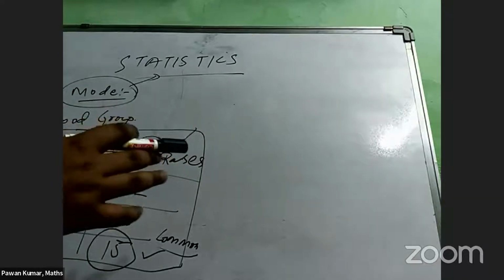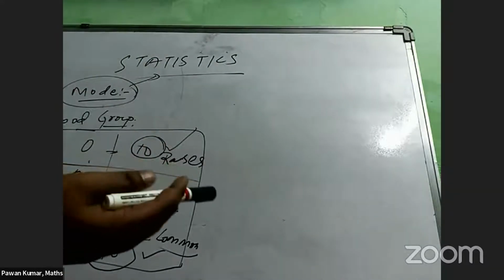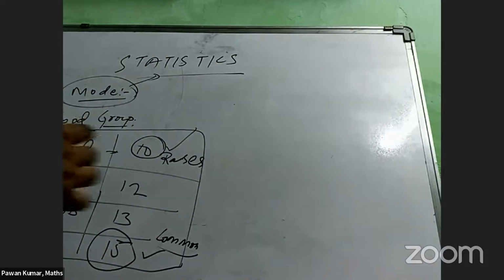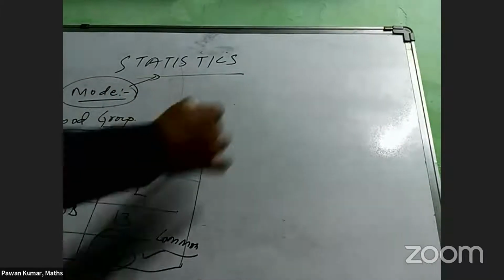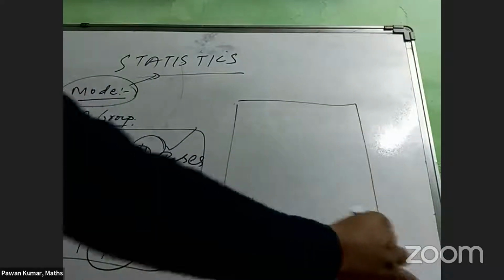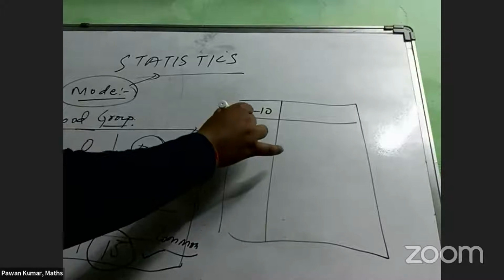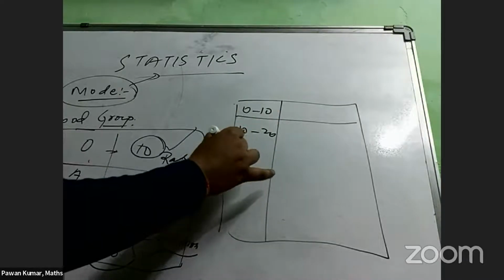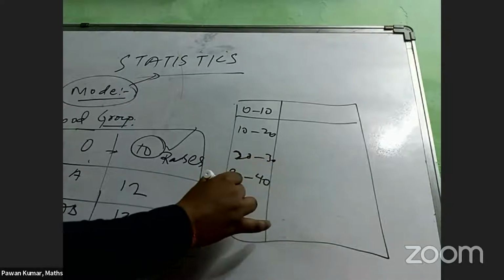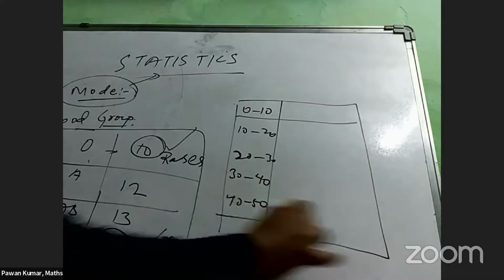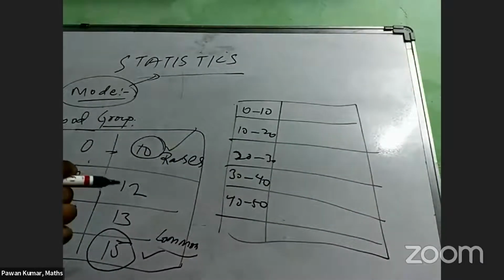Now when we come to group frequency, at that time we have a different way of finding it. Suppose we have classes 0 to 10, 10 to 20, 20 to 30, 30 to 40, 40 to 50, like that. In that case, we observe the frequency.